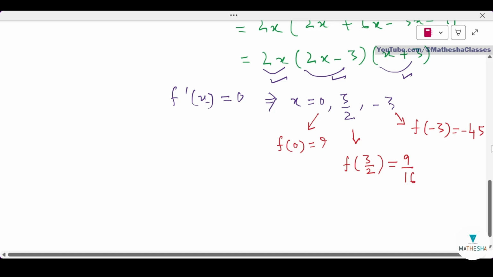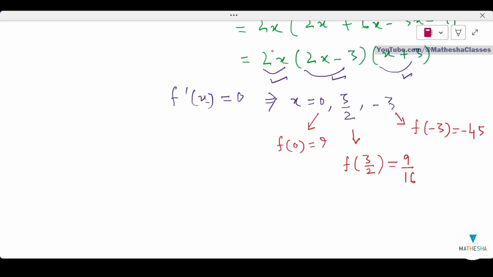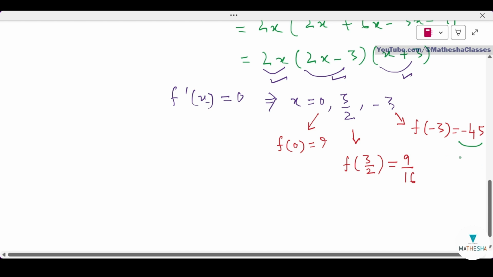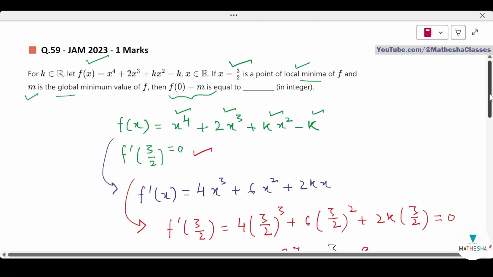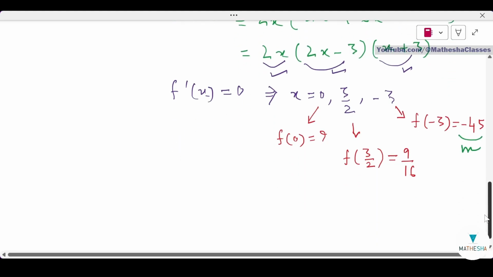So one of them must be representing the global minimum value. So which one is the smallest? Definitely this one. So this is the global minimum value m. Now you have been asked to find out the value of f(0) minus m. Now what is f(0)?